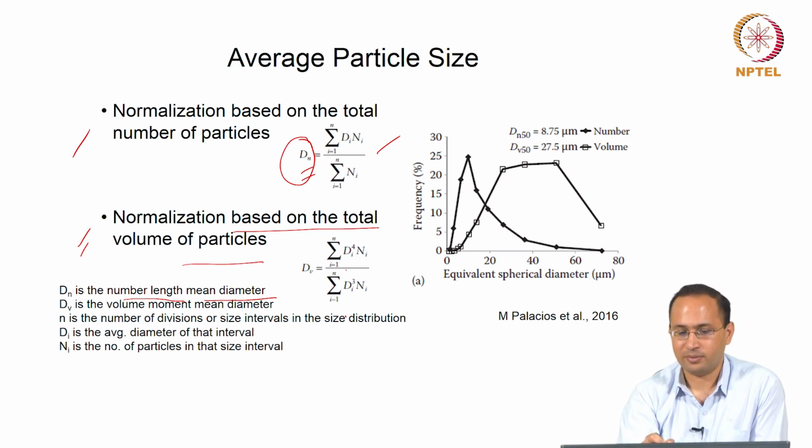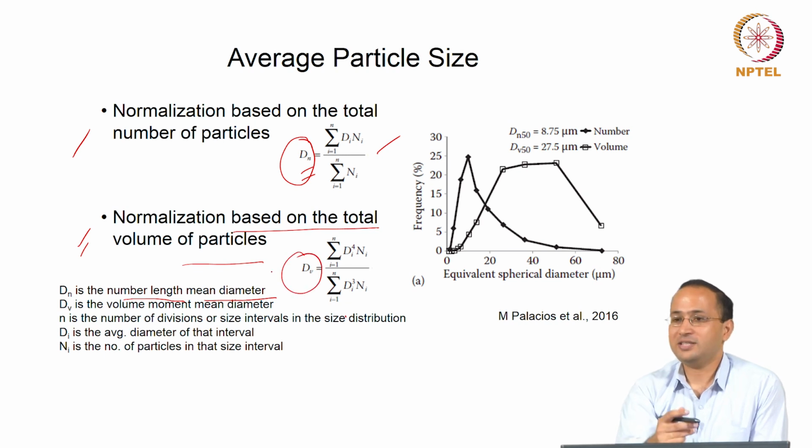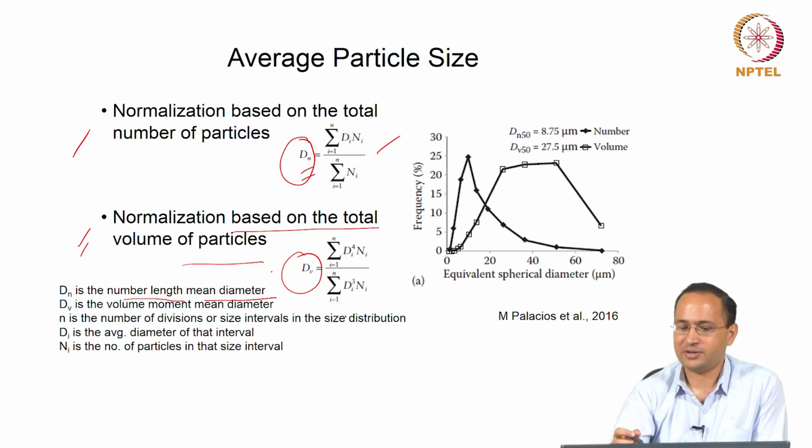These are two common normalizations we do: based on total number of particles and based on total volume of particles. Though the two are different, it is very important when you look at PSD, what the metric is. It is illustrated here in this graph.